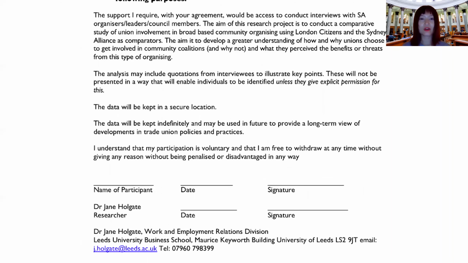And by the end of a consent form, we usually leave some space for signatures from the researcher and the participant. So each participant would have a consent form like this. Usually, we would recommend students to have a written consent form.